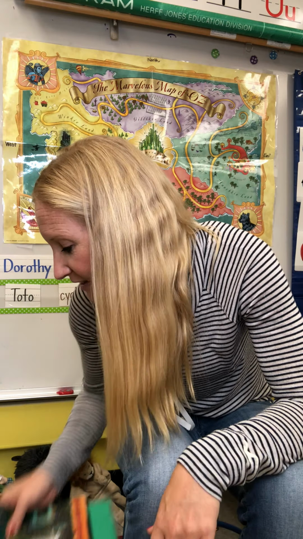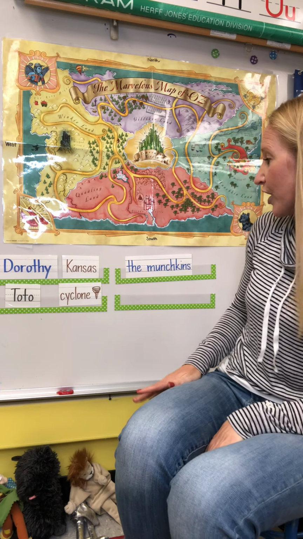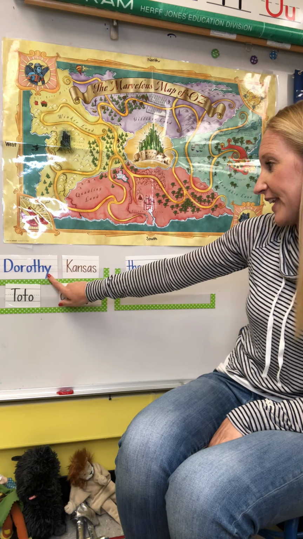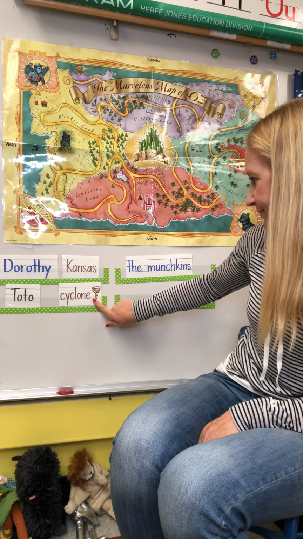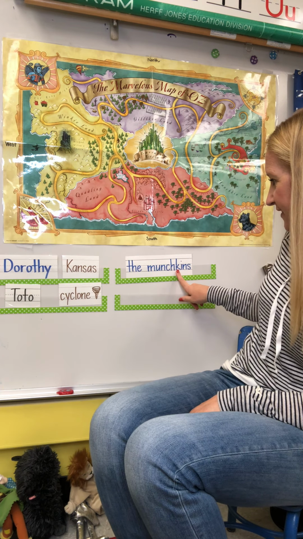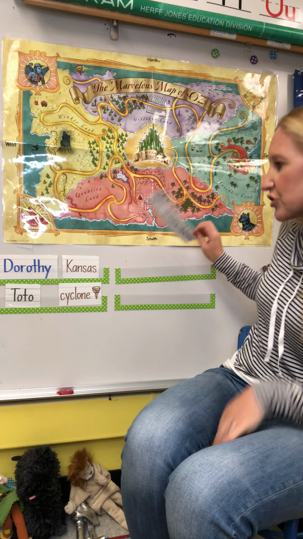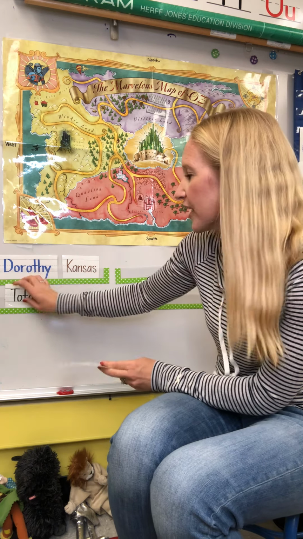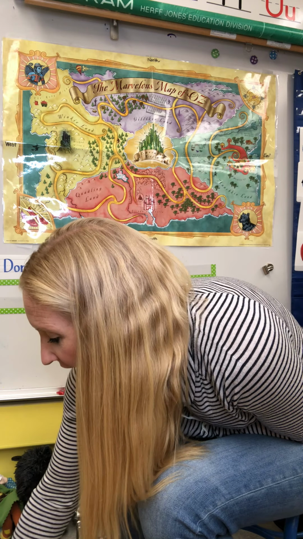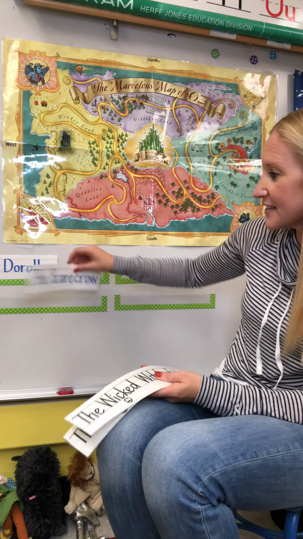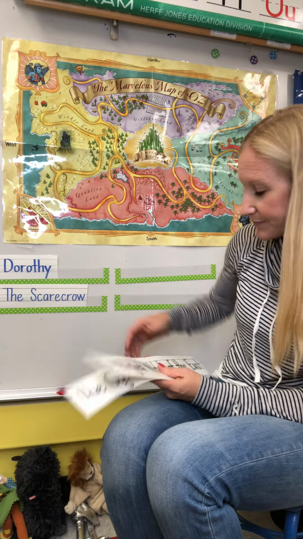So there's some things that we should put up on our word wall. If I scoot over, we right now have Dorothy and Kansas and Toto and the Cyclone and the Munchkins. But we're going to switch these out and we're going to add some new things. We are going to add the Scarecrow.